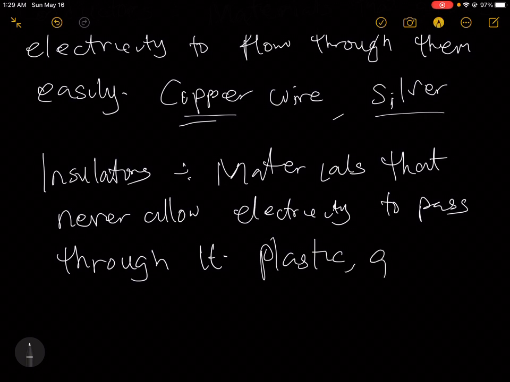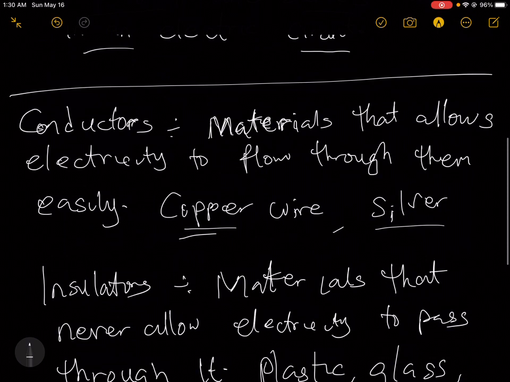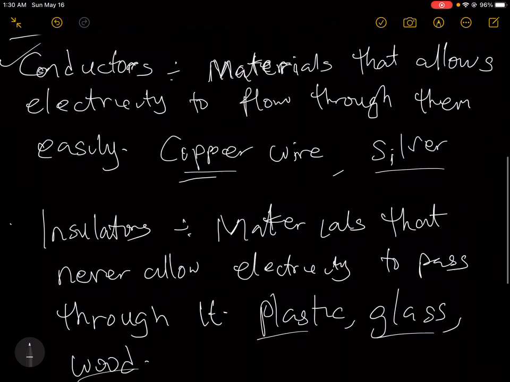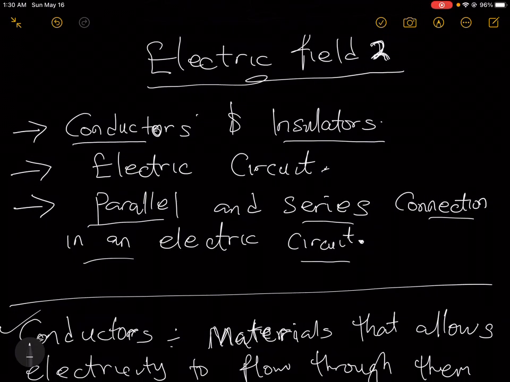We have glass, we have wood, like your furniture. With these things, we never allow electricity to display its phenomenon or properties in an electric field. It will never happen. So that is it on what conductors are and what insulators are. These are basic concepts. They are material mediums that we need to explain before we go into further illustration or further explanation of what happens in an electric field.